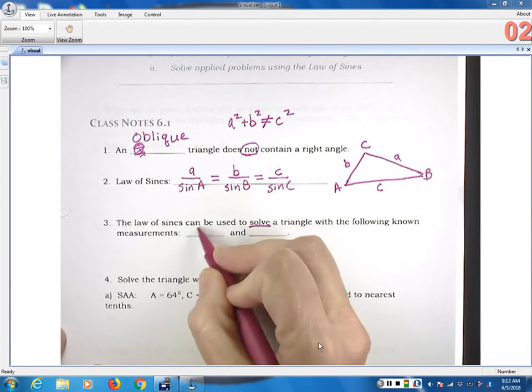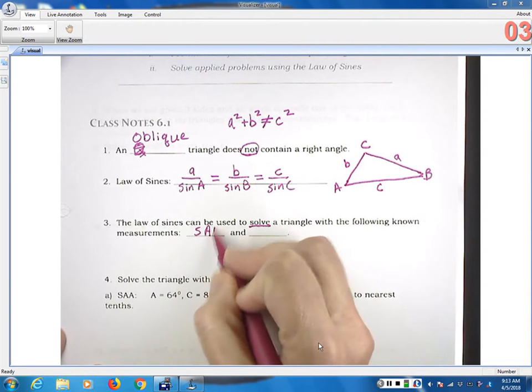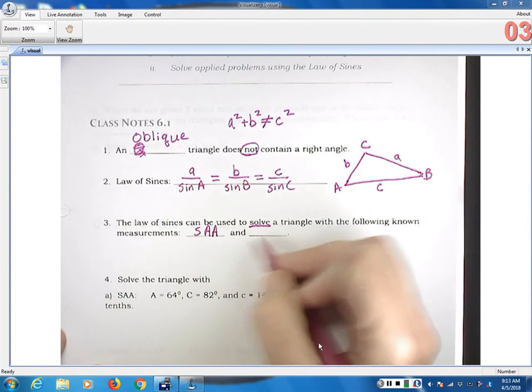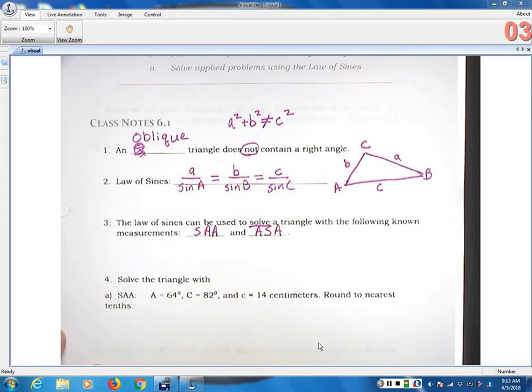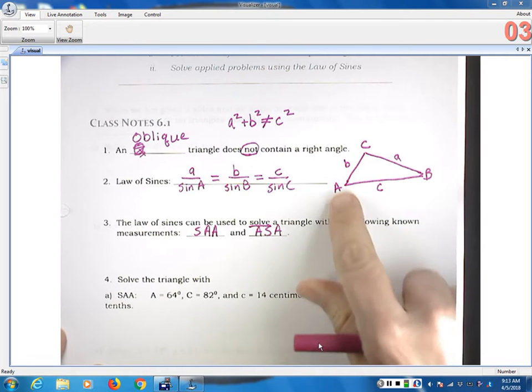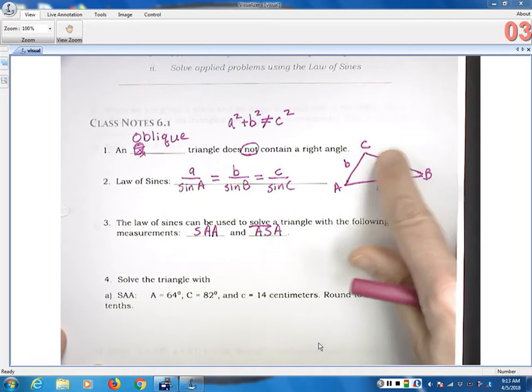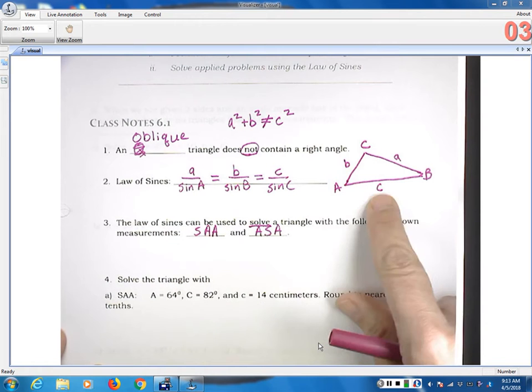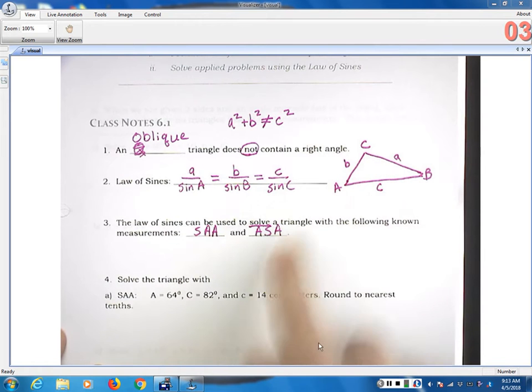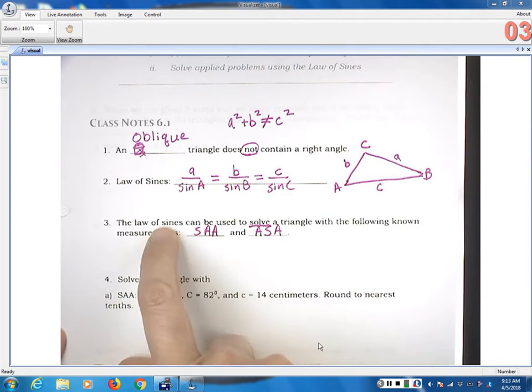If we know a side and an angle, and angle, side, angle. That means if we know angle, side, angle, we can find the rest of them with the law of sines. If we know a side, angle, angle, we can use the law of sines.